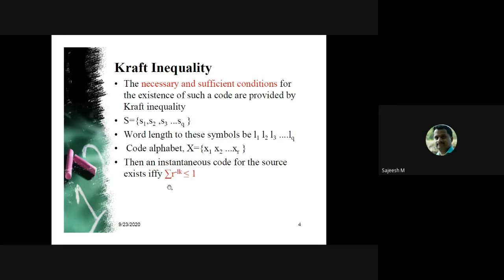You may note that sum expression, sigma k equal to 1 to q, r raised to minus lk. Here lk means the length of the kth symbol, that is, the code word length of the kth symbol.